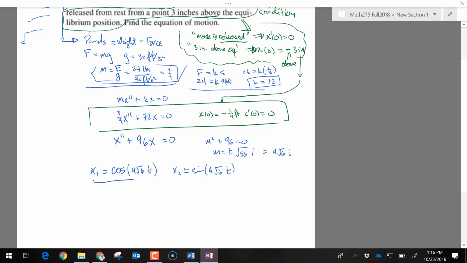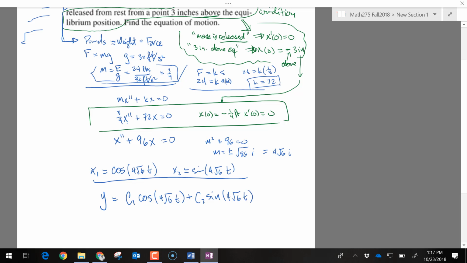And so we have your general solution, y is equal to c1 cosine 4 root 6 t plus c2 sine 4 root 6 t. Yeah, this is set equal to 0. The external force happens when there's a machine that's running this spring system, which we'll get to hopefully by the end of today.